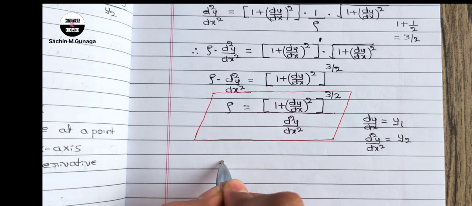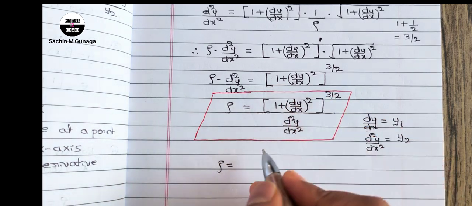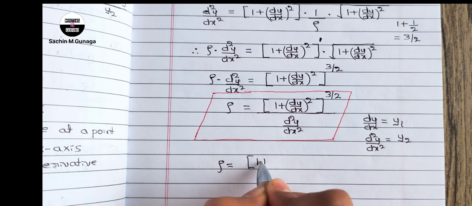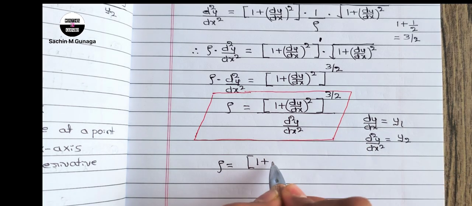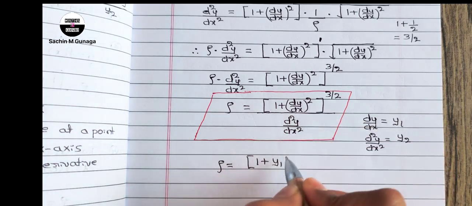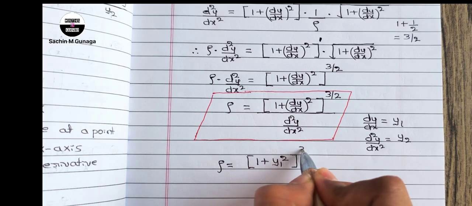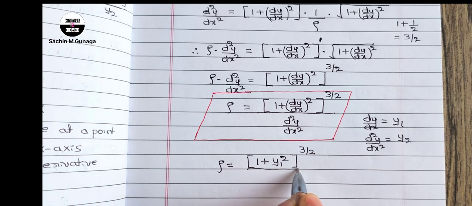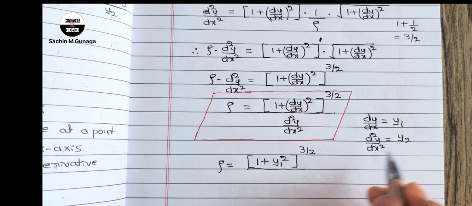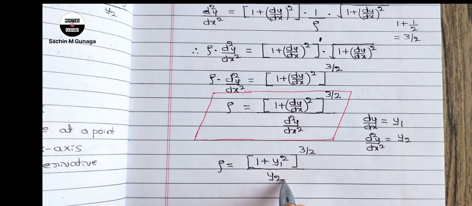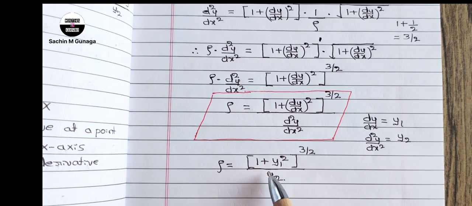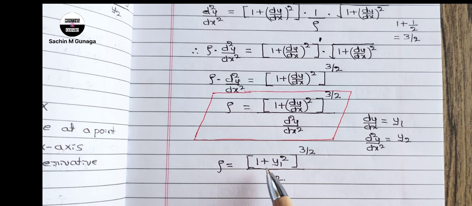So rho is equal to, this formula becomes, 1 plus (dy by dx, which is nothing but y1) squared, raised to 3 divided by 2, divided by d square y divided by dx square, which becomes y2. So this is the formula for radius of curvature for Cartesian curve.